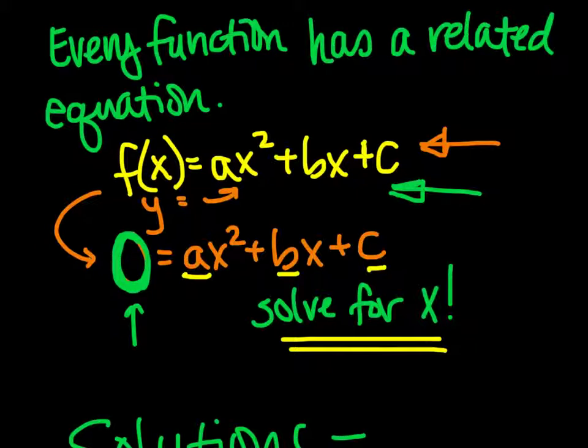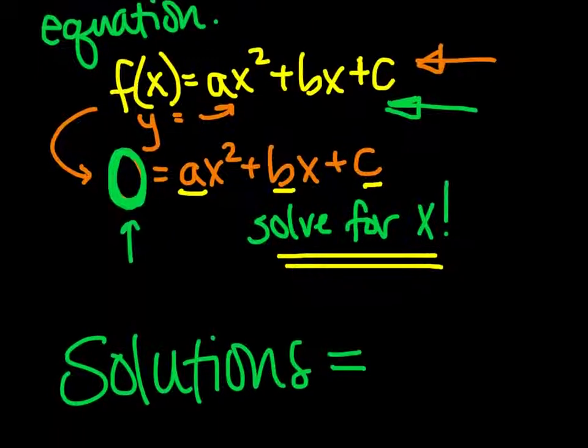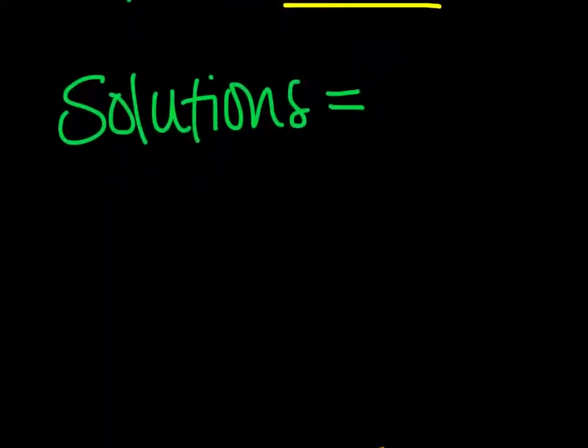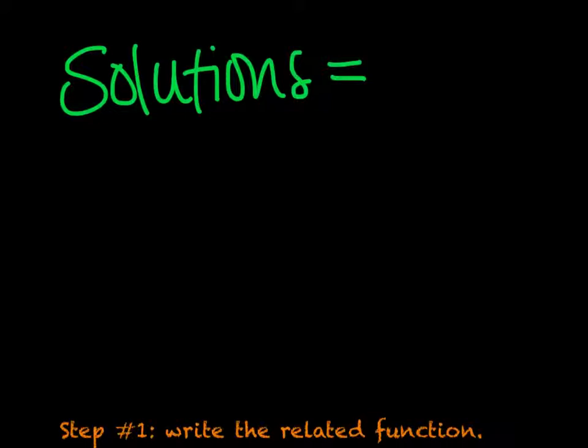So for the rest of this entire chapter, we're going to be finding solutions. And solutions are very specific things. We can say solutions are essentially the zeros of a function.